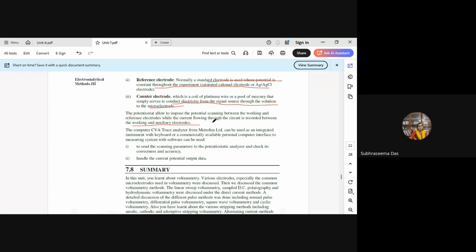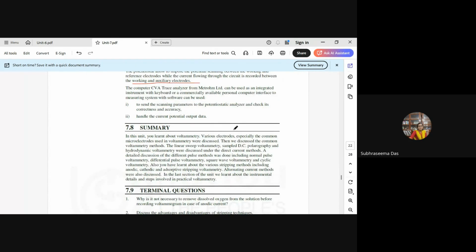Like in today's chemistry, we directly use automated CV. They directly display the result without the need for manually balancing the current. The instrument automatically balances and handles the current potential output data.